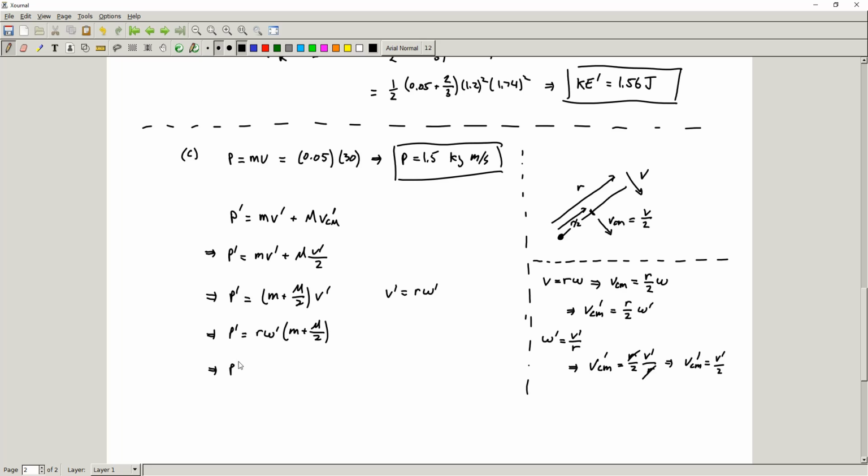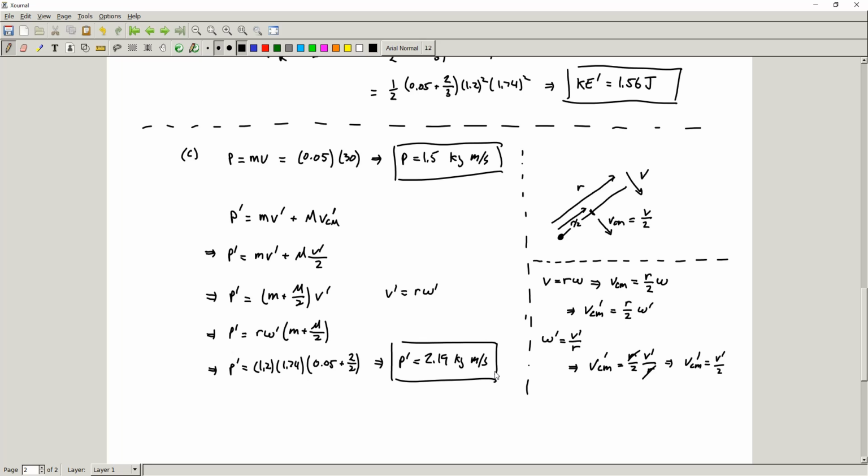We find that p prime is equal to 1.2 times 1.74 times, what is that going to be, 0.05 plus 2 over 2. And if we clean this all up, we're going to find a p prime equal to 2.19 kilogram meters per second. Okay.